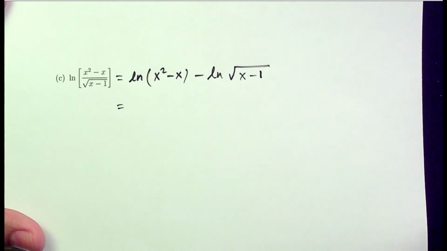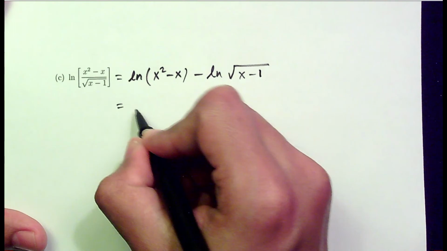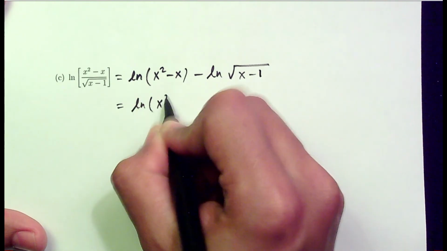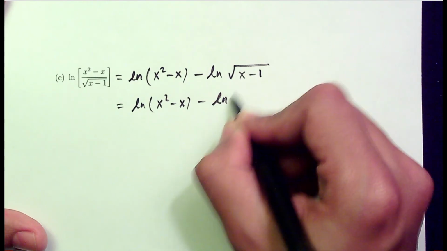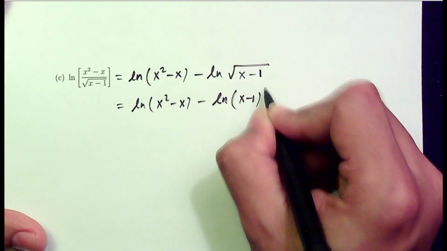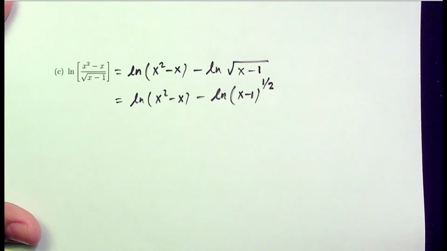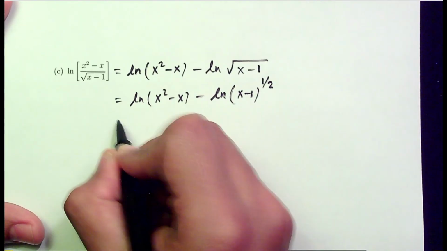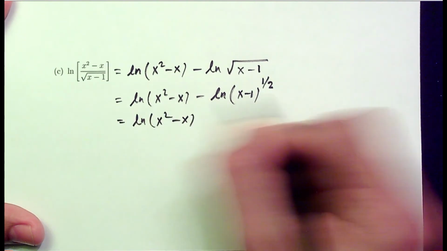You can take that square root and write it as a fractional exponent. So this is the ln of x minus 1 to the 1/2. So this is ln of x squared minus x, and then you can move that 1/2 to the front.